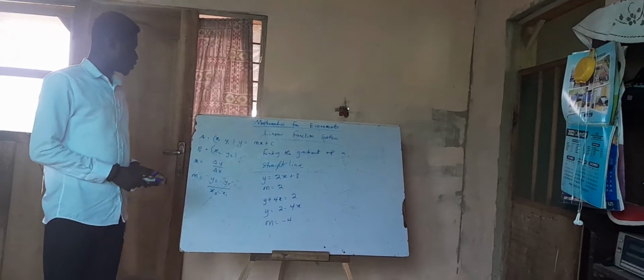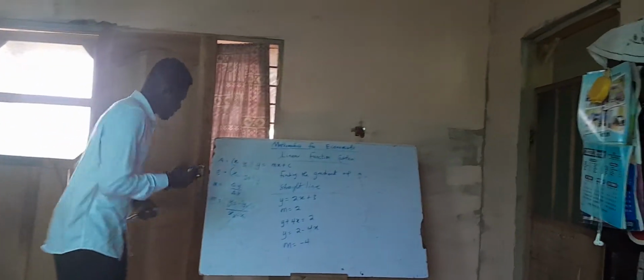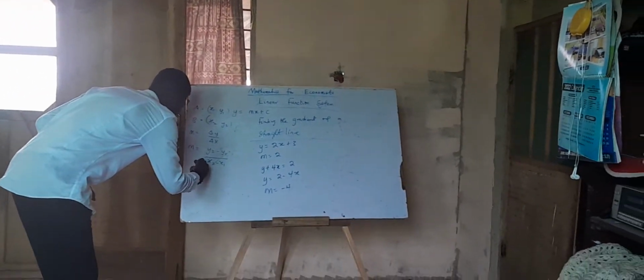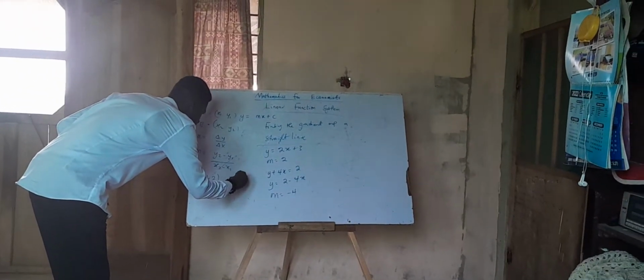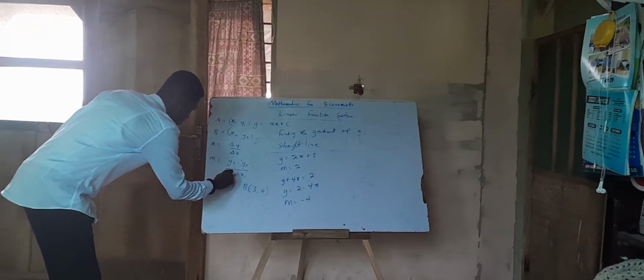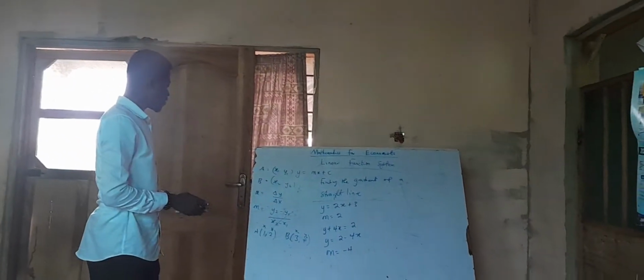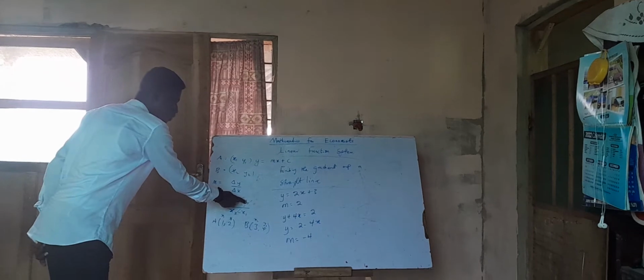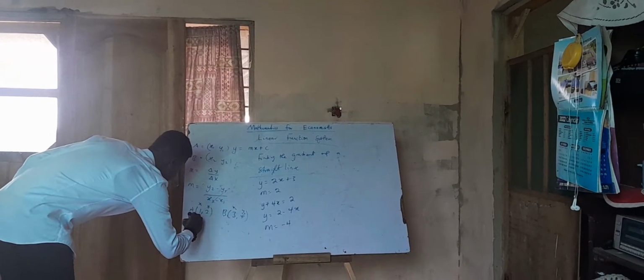Let's say point A is (1, 2) and point B is (3, 4). To find the gradient, you can name the coordinates: this is x1, this is y1, this is x2, this is y2. The formula is y2 minus y1 over x2 minus x1.